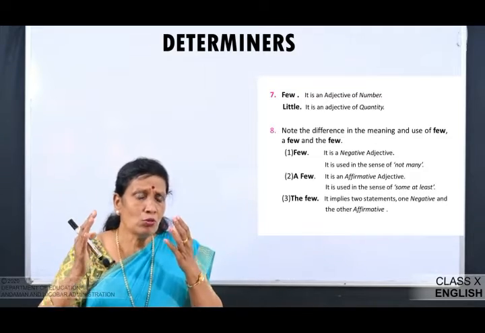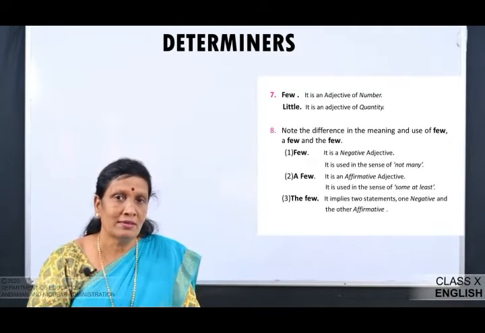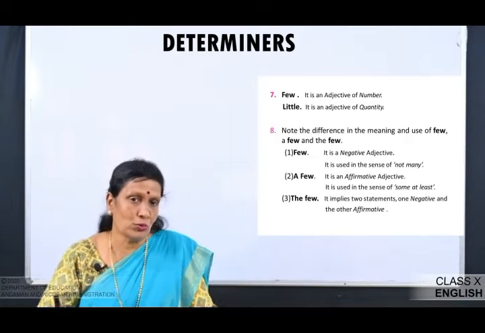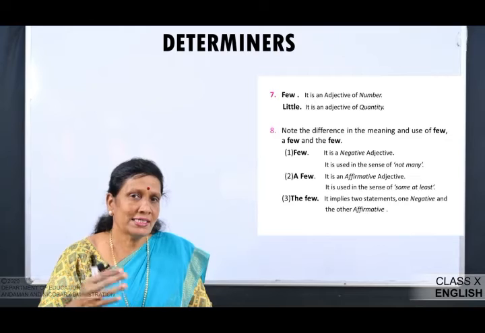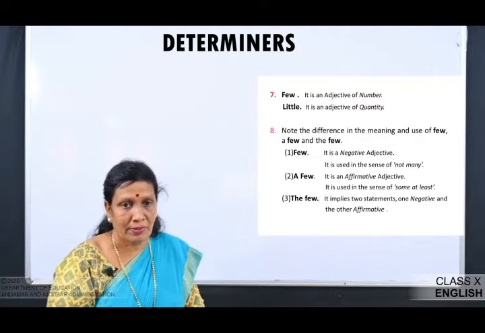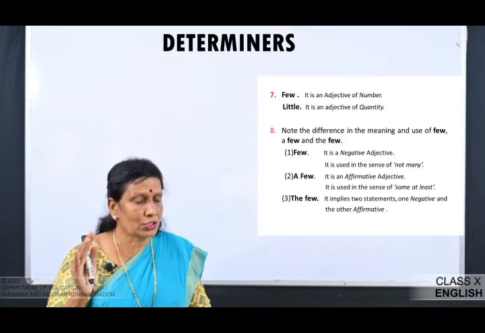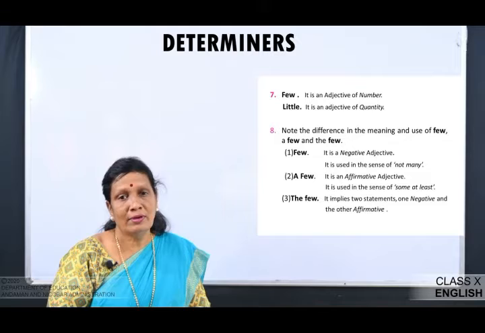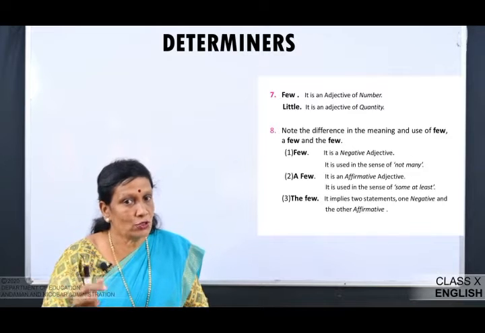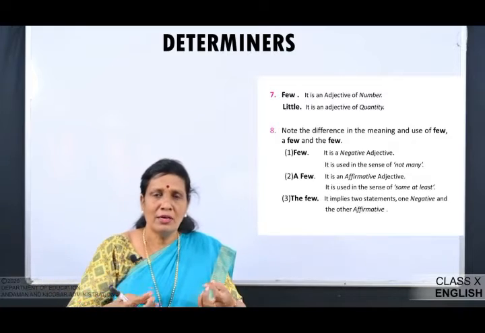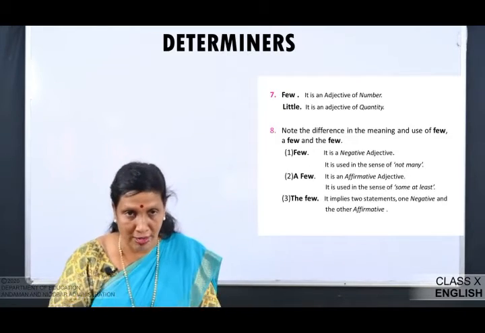Children, you often get confused about where to use these three words. So let's look at the situations where you can use them. Few, as I told you, talks about number. It is a negative adjective. It is used in the sense of not many. Few means not many, maybe you can count 4 or 5.